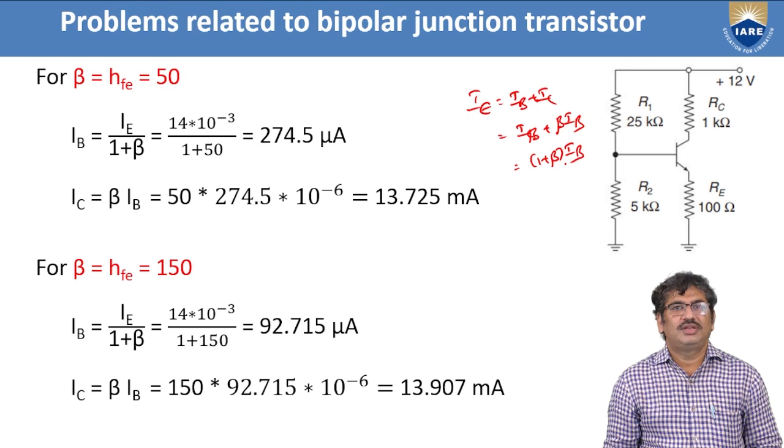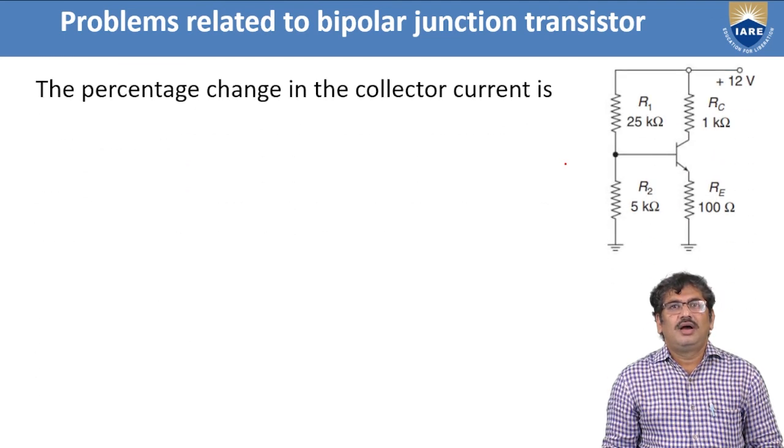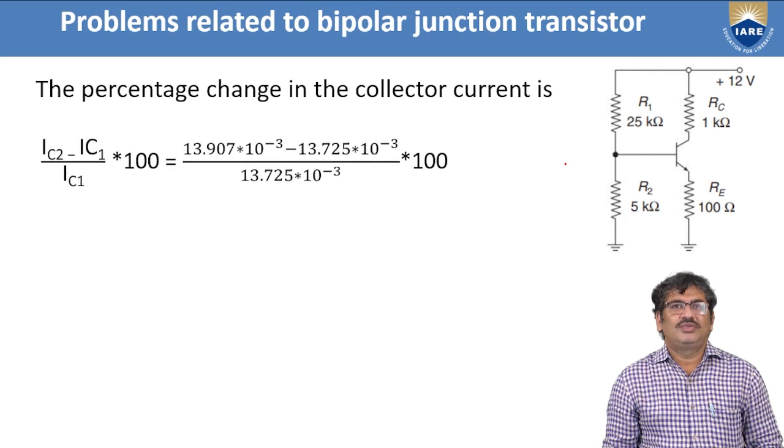13.907 milliamperes. Now we will find out how much the collector current varies by changing beta from 50 to 150, as percent change in the collector current is equivalent to IC2 minus IC1 divided by IC1 into 100.